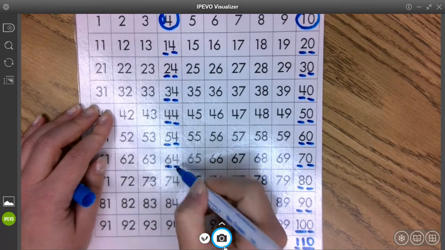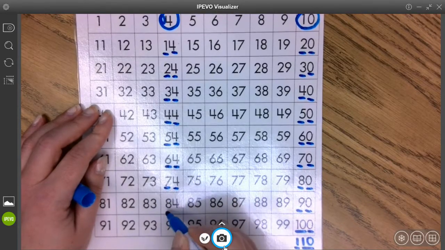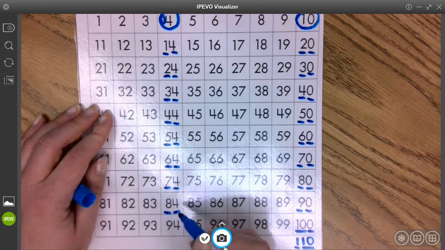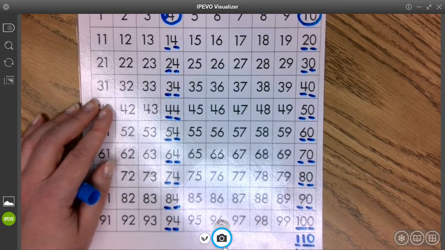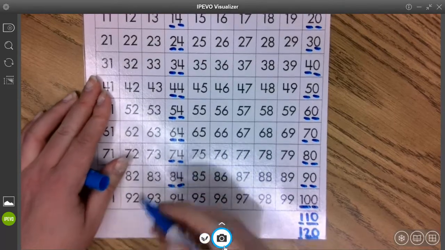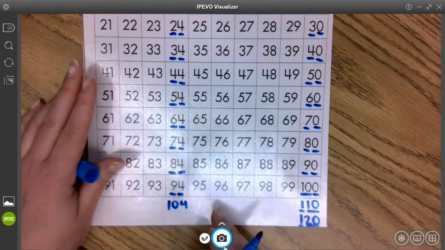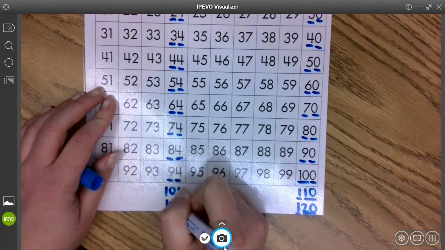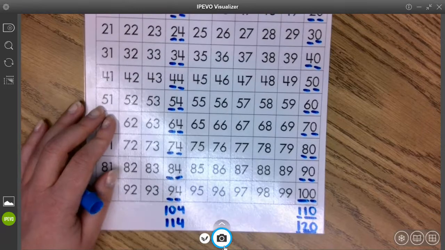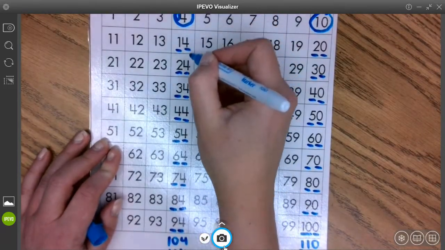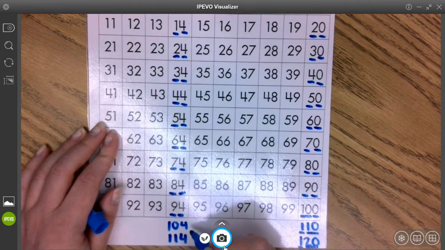6 tens, still 4 ones. 7 tens, still 4 ones. 8 tens, still 4 ones. 9 tens, still 4 ones. What would be next? 10 tens, still 4 ones. Or 11 tens and still 4 ones. Okay, so when you're counting by tens, the ones stay the same.